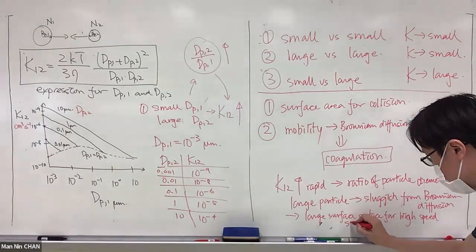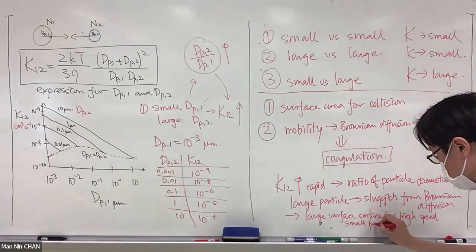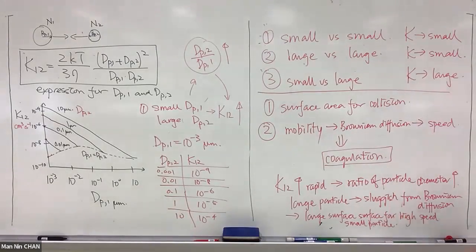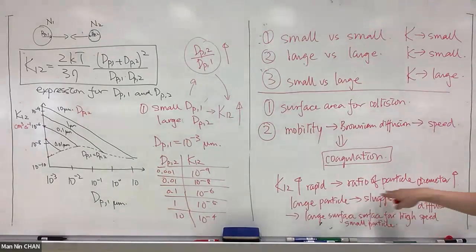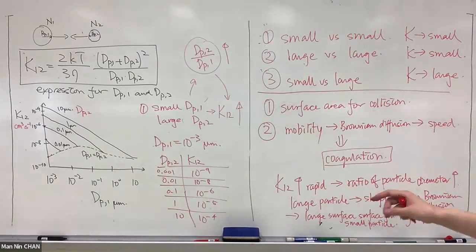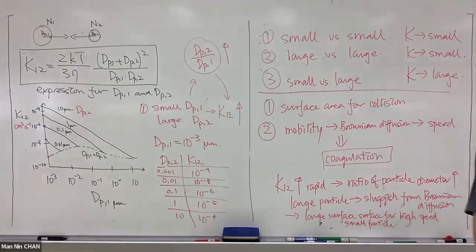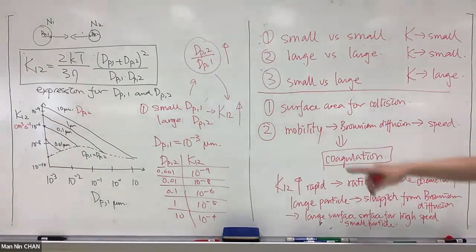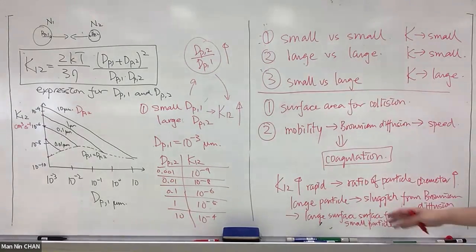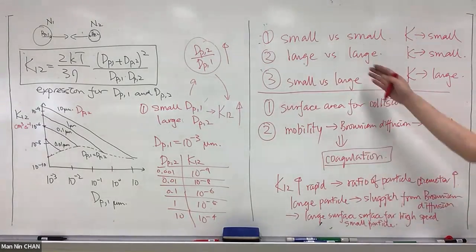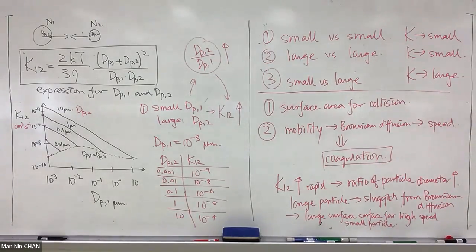Even though the large particles don't move around, in your system you will have a number of small particles quickly moving around, and that will eventually enhance the collision or coagulation. Does it make sense?